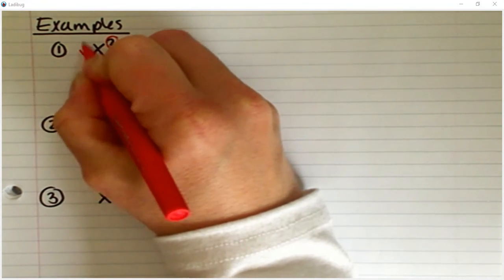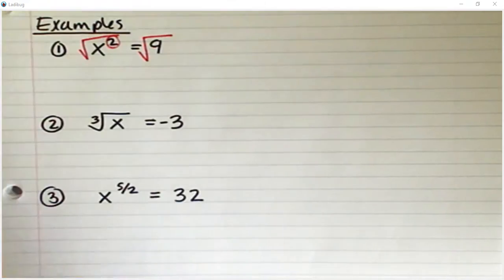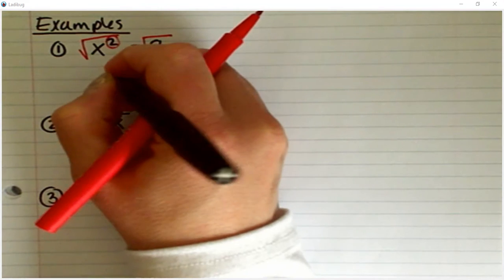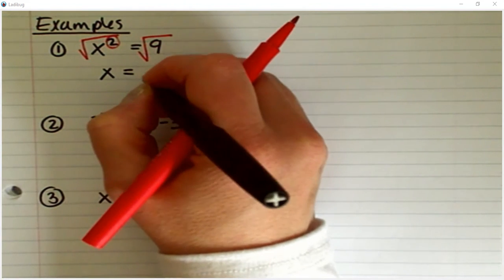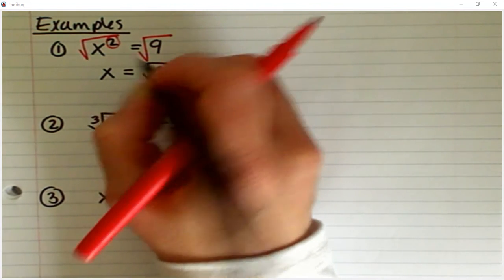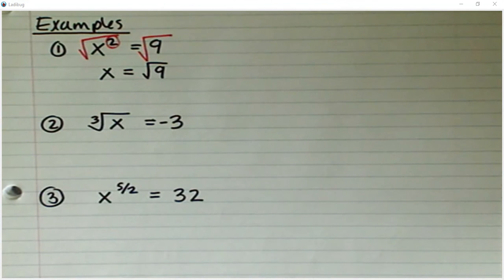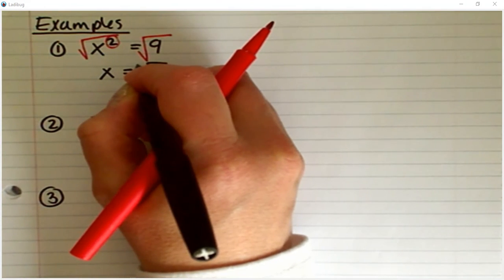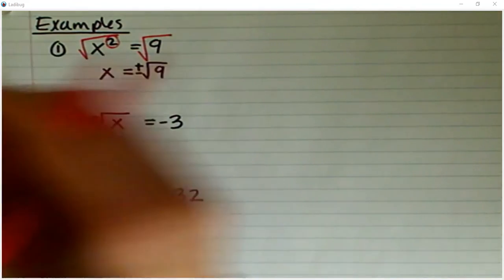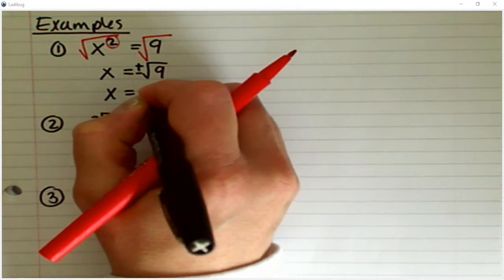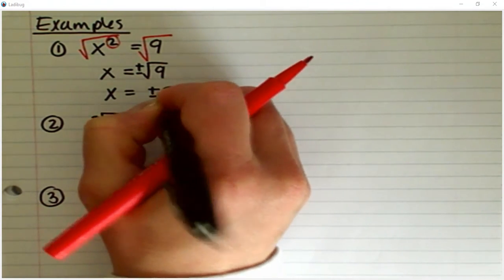Means I'm going to use a square root. Oh, all right. So x equals the square root of 9. But be careful, guys. That's a degree 2, okay? Which means there's supposed to be 2 solutions to that. And so we actually get a plus or minus, which means we get x equals plus or minus 3.